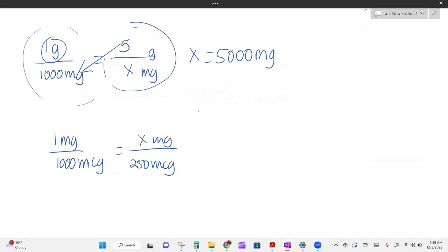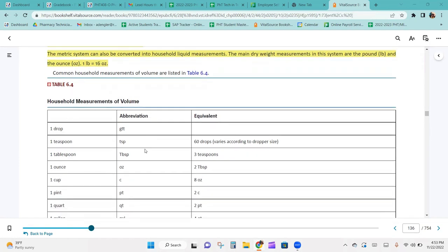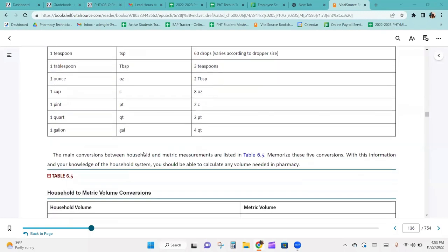So now we can do the other way. The metric system can also be converted into household liquid measurements. The main dry weight measurements in the system are pounds and ounces. Table 6.4 shows the household measurements of volume, their abbreviation, and their equivalent.